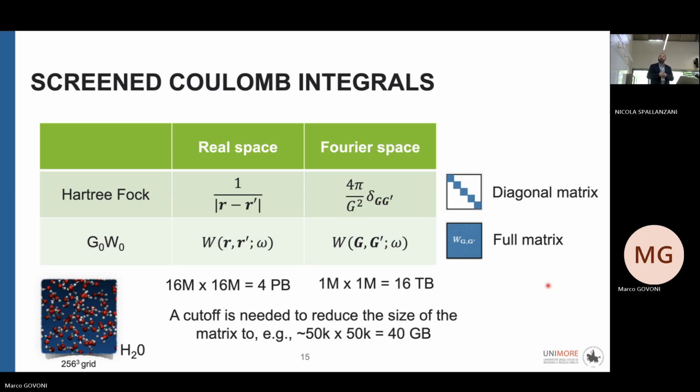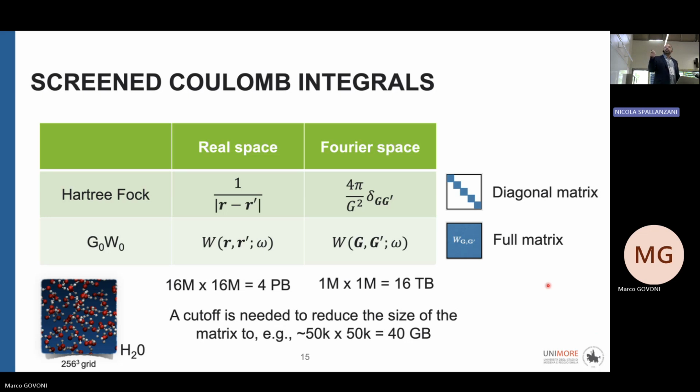different energy. So let's take, for example, liquid water, H2O. This requires a grid with 256 points in real space. So we have a three-dimensional system, and each axis is sampled using 256 points. And so we have millions of elements for r, millions of elements for r prime. And so this matrix in real space requires 4 petabytes of memory just for one frequency, which is quite expensive.